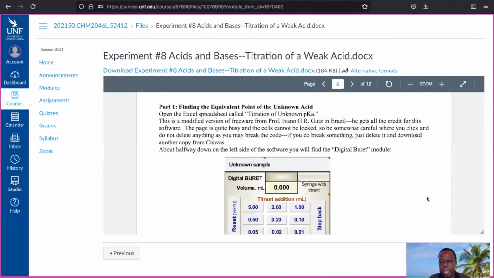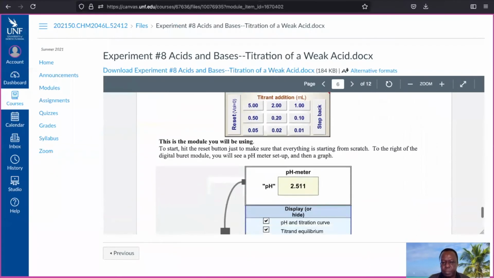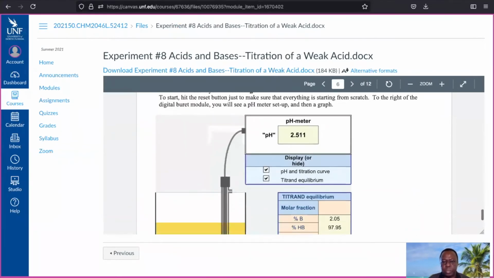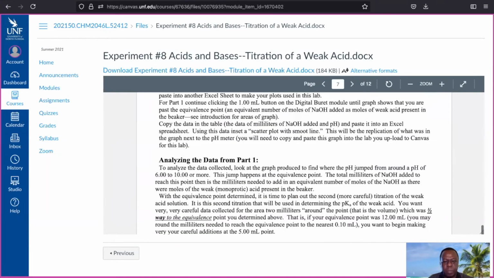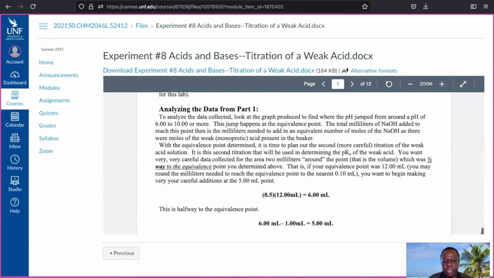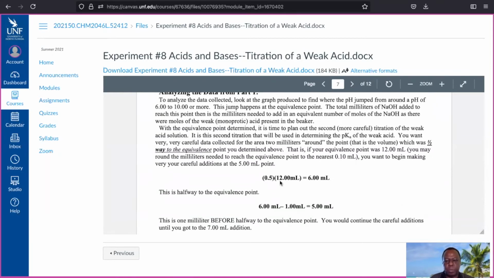Now for part B, having established the pH at the equivalent point, you will analyze and say, what is half? You see somebody was using 12 as the equivalent point. Half equivalent point is 6. So around 6 and around 12, we will have to perform.